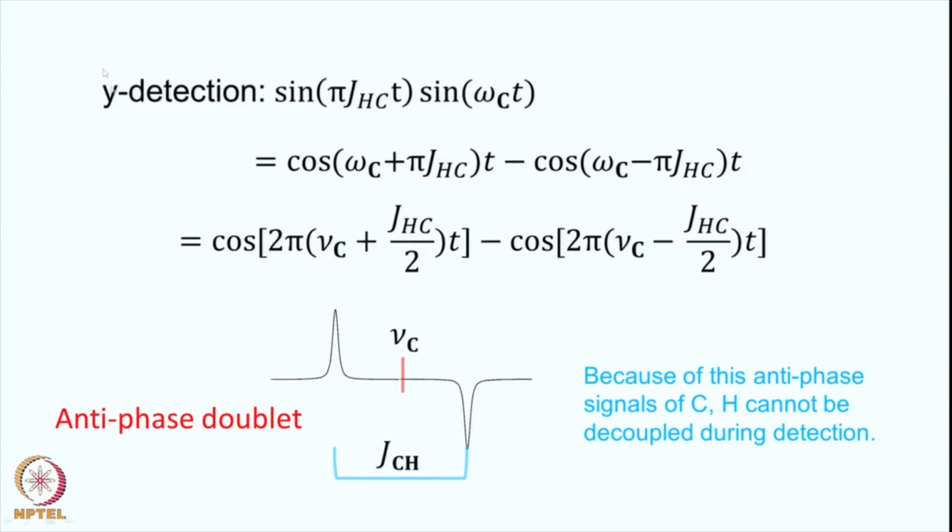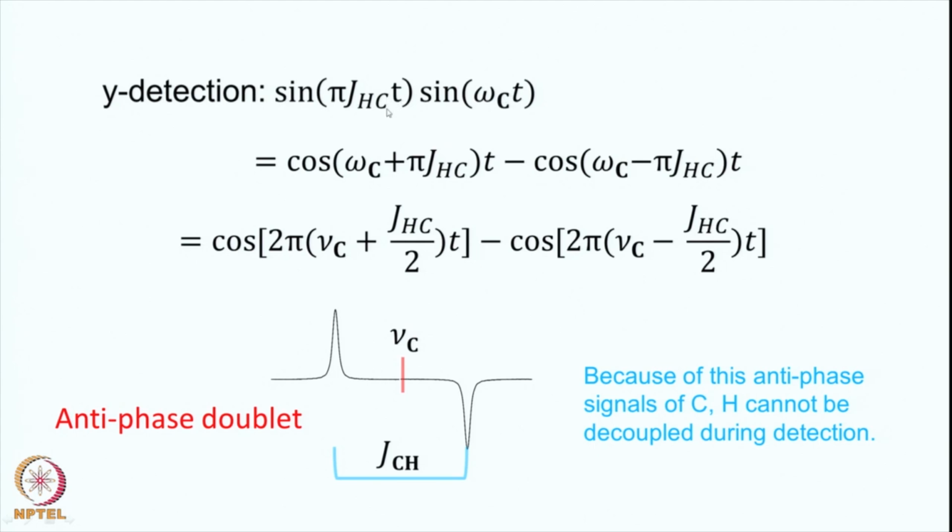Now if I were to do a Y detection, then the term I have is sin(πJHCt) sin(ωCt). Once again the operator part has gone, because after I take the trace with Cy, the trace of Cy squared is 1. So that will not appear, and I will only have the time dependent function, which is part of the FID.